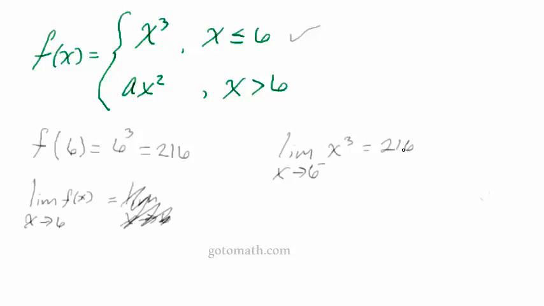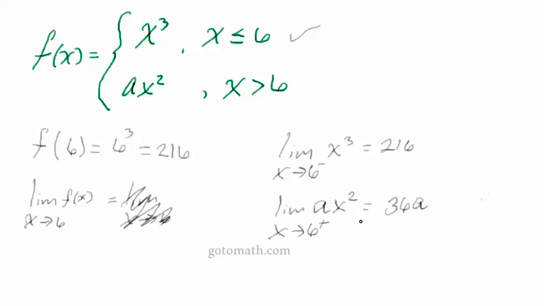Just plugging that directly in, much like what we did here. And now we look at x approaches 6 coming in from the right-hand side, and of course I'm going to put in a x squared here. All right. And if we did a direct substitution in this, we end up getting 36a.